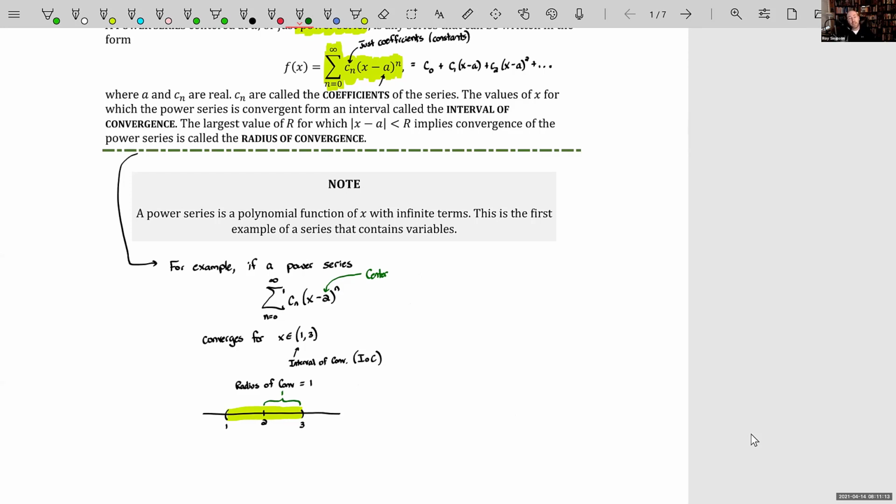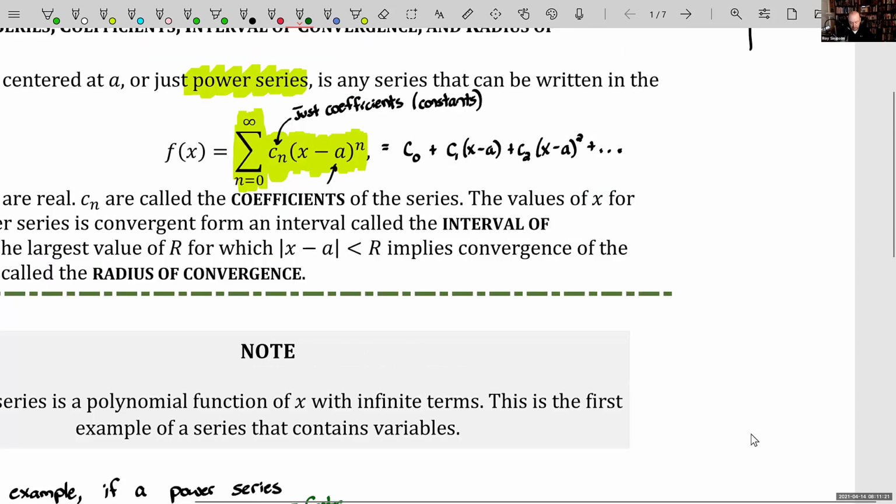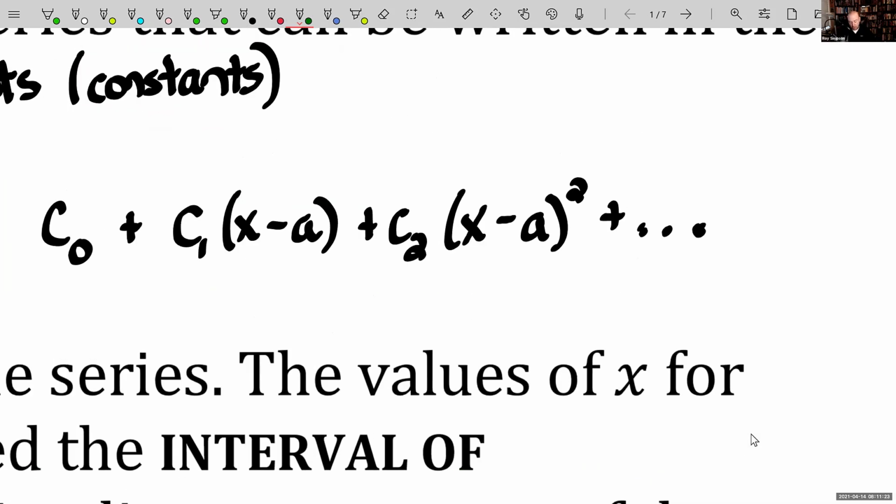So a couple notes here. One, a power series is just a polynomial function, an infinitely long polynomial function. If you look at this power series, expanding it out, it's just a very long polynomial: (x minus a) to the first, (x minus a) to the second, (x minus a) cubed, (x minus a) to the fourth, and so on and so forth. It's a big old polynomial. All power series are just polynomials.